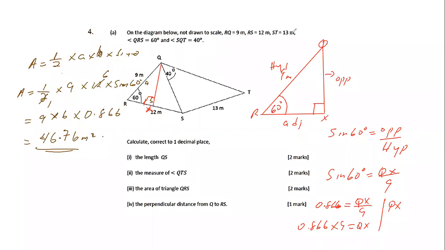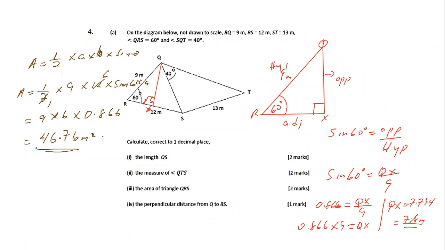What do you get from Q to X? Sir, 7.794. All right, they want it to one decimal place, so that will be 7.8 meters.